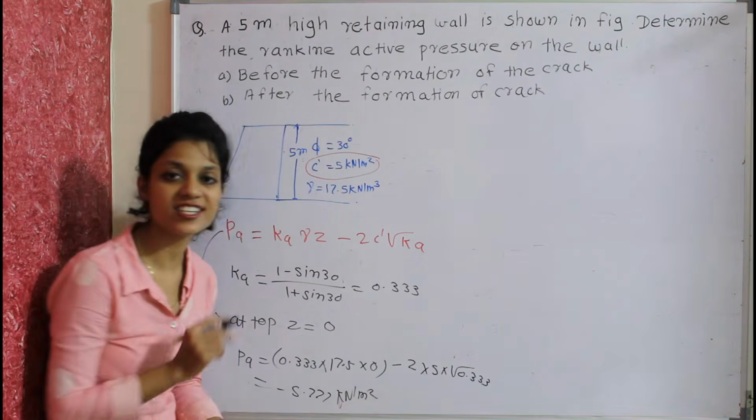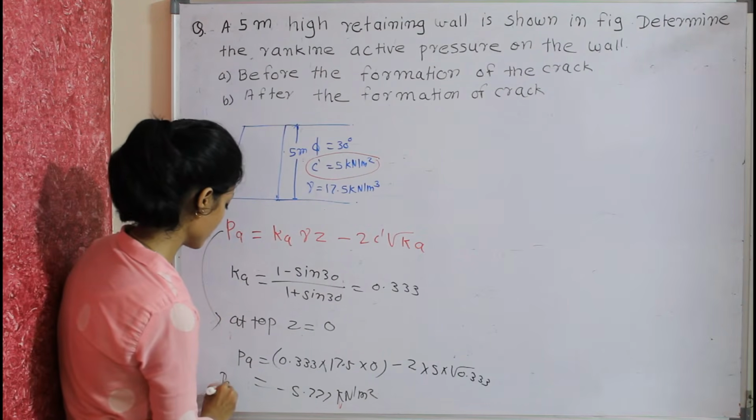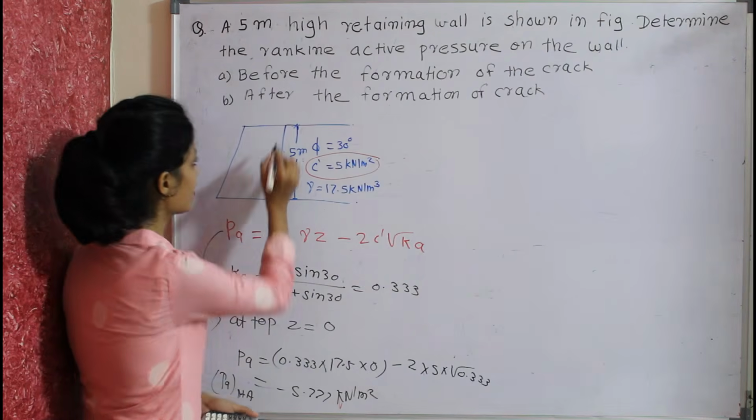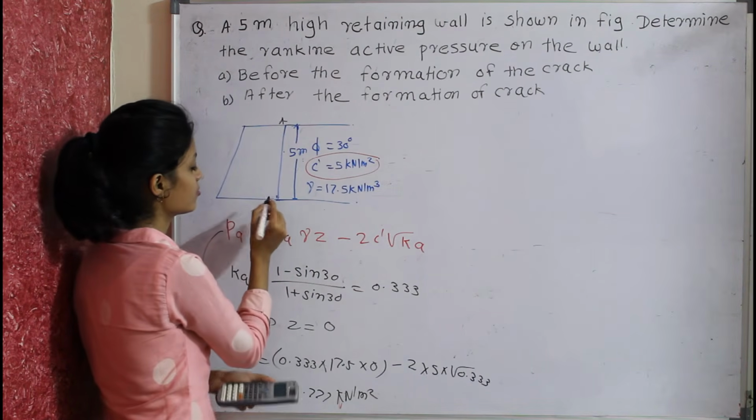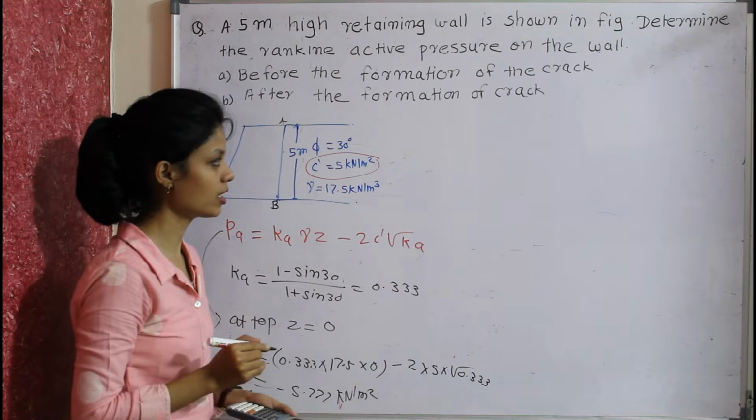That means the pressure intensity at top, Pa at A, is minus 5.777.